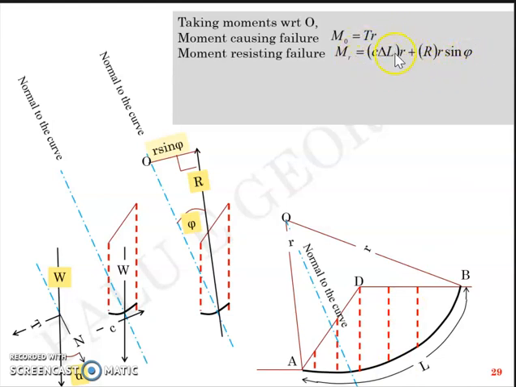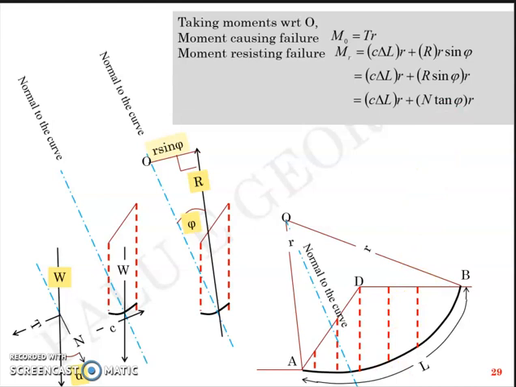Now this factor is about clay cohesion. Now this part is about friction. Or, in short, I can rewrite the second term like this, and I can again rewrite it as N tan phi into R, because R sin phi is nothing but N tan phi from the previous slide.